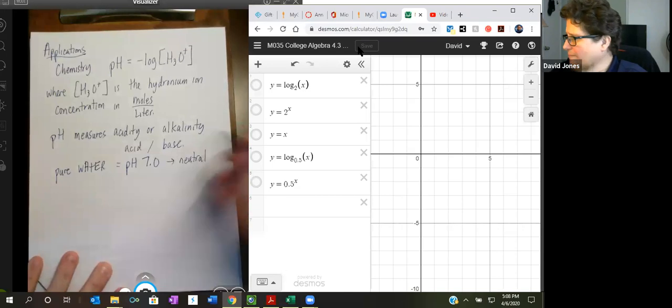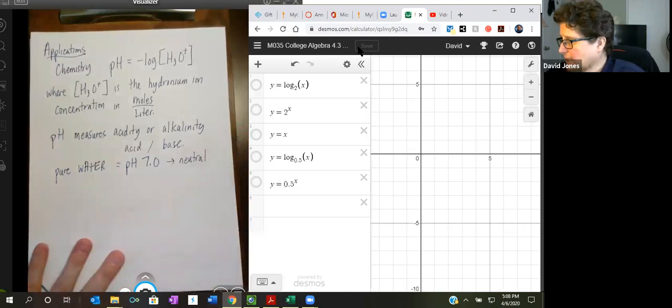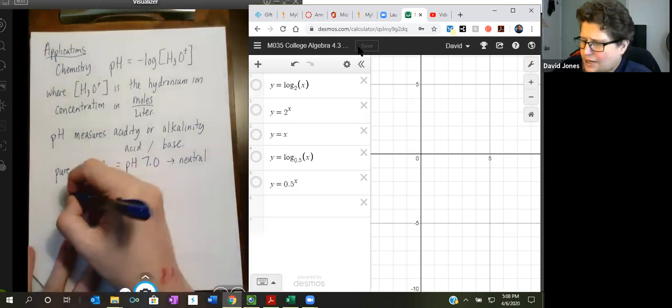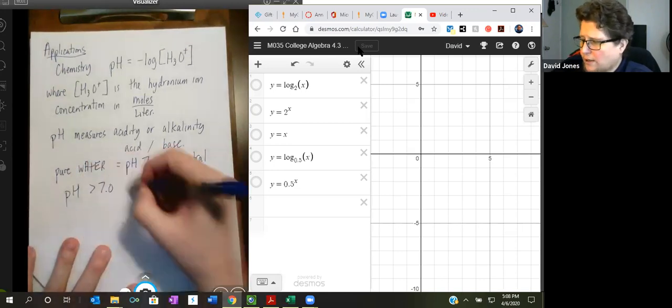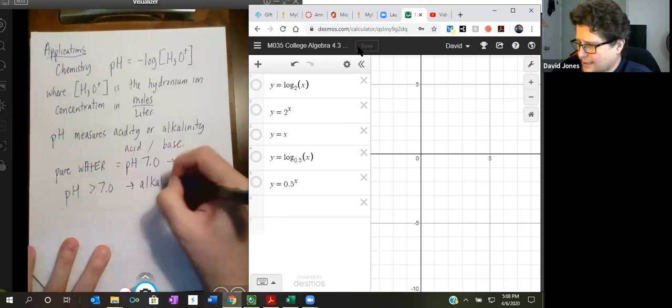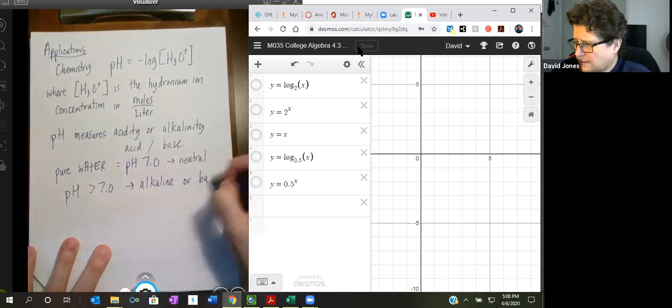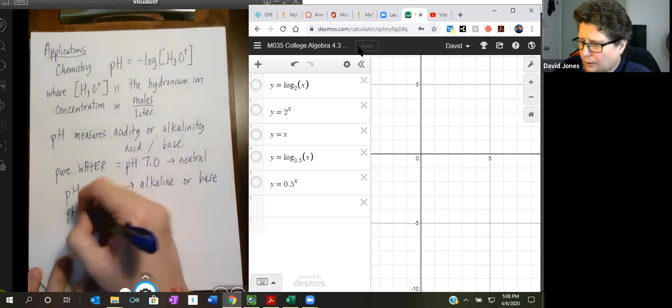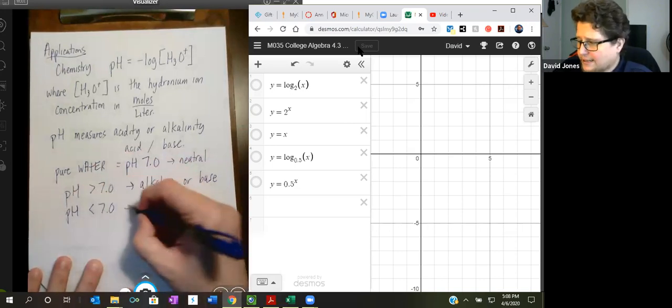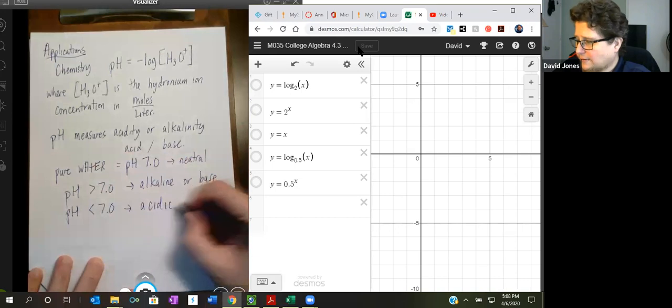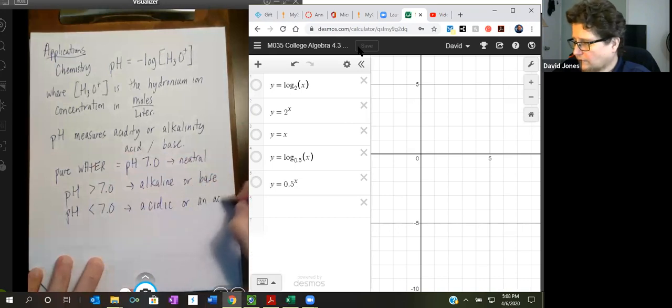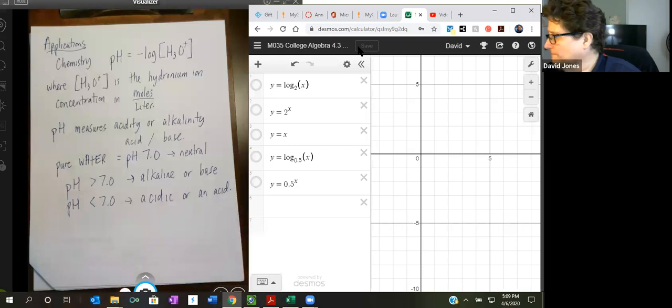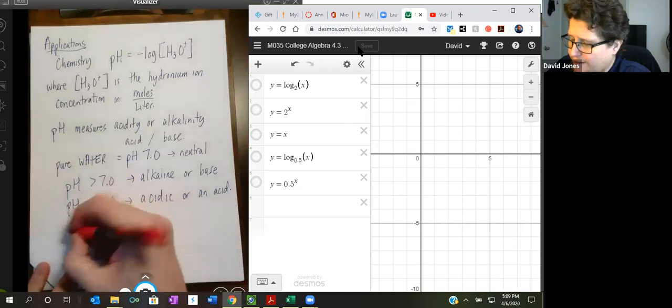Not acidic, not alkaline. pHs greater than 7.0 are considered alkaline or a base. And if the pH scale is below 7.0, it's considered acidic or an acid. And we commonly round them to the nearest 10.